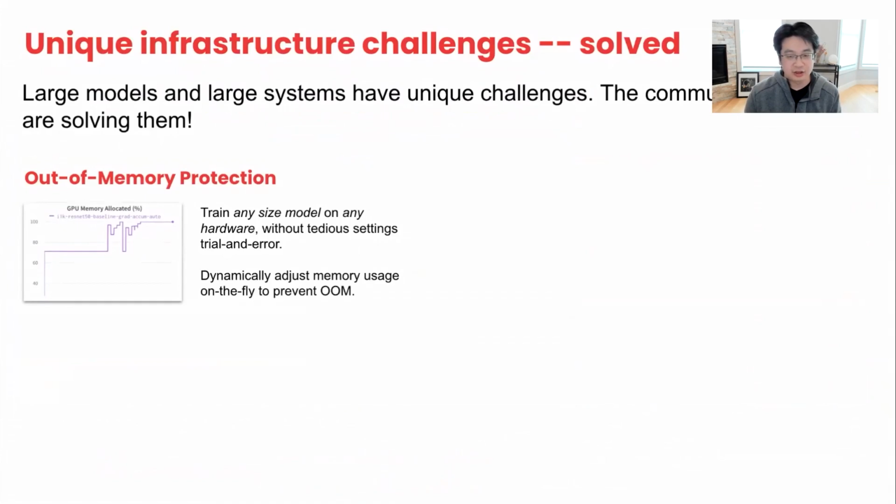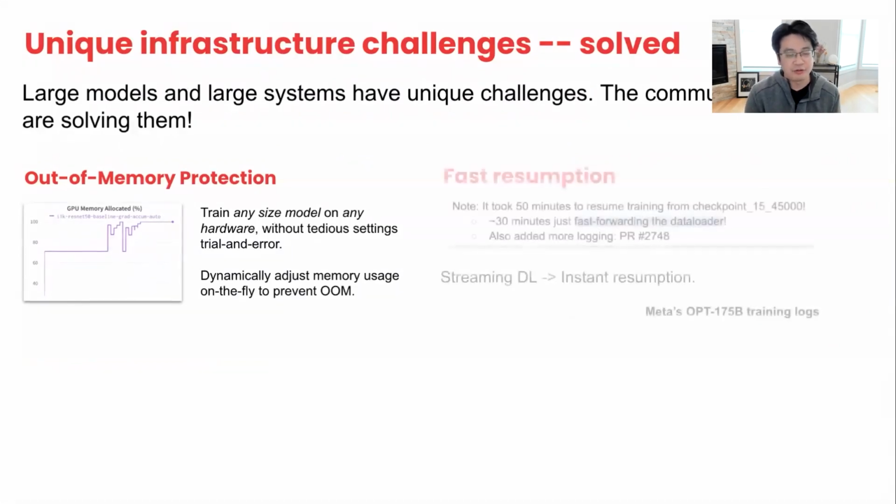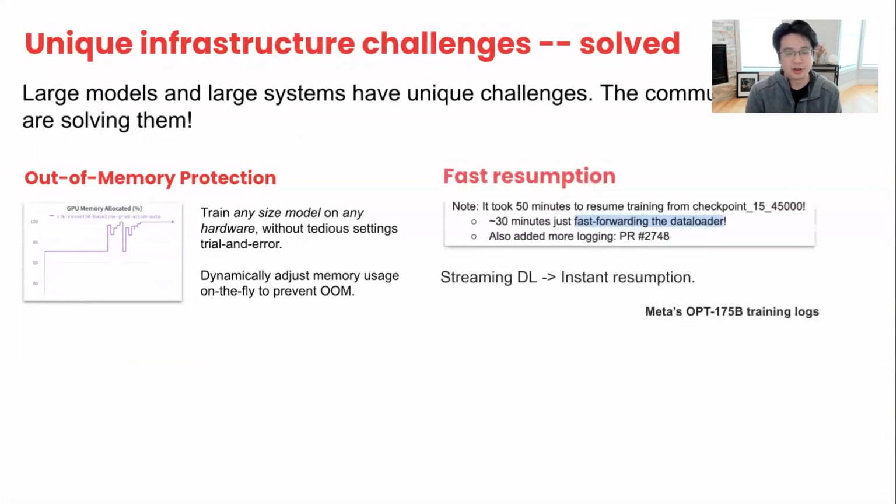So you can just provide the science and the modeling problem you want to solve, which is how many GPUs you want to use, what size of model you want to train, and what your learning hyperparameters are, and we'll make everything fit into the memory of your desired hardware.